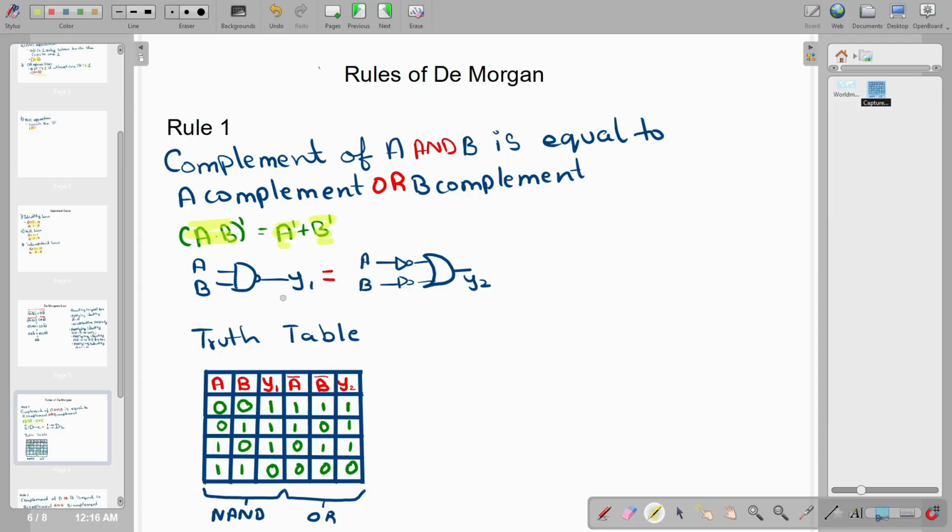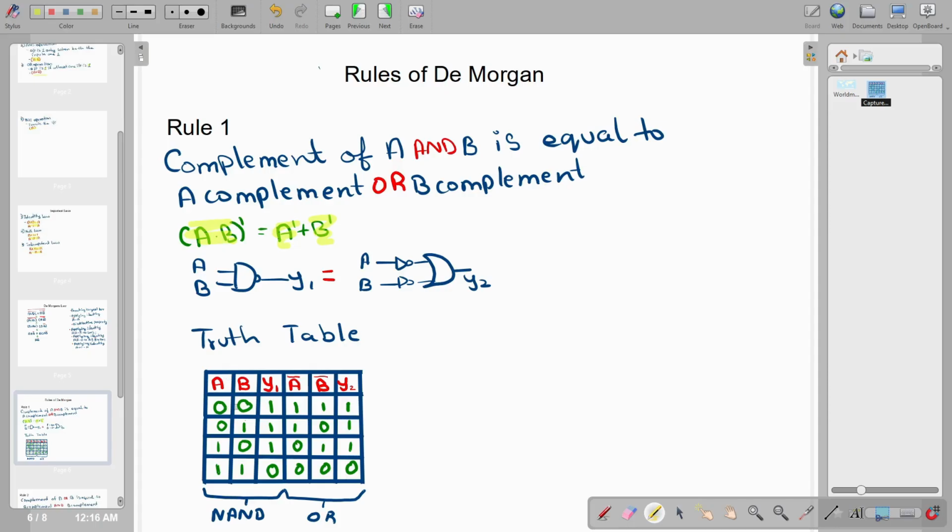You can see in the diagram where A, B is given as the input to an AND gate to give output Y, which must be equal to the inverses of A and B as inputs to an OR gate, which gives the output Y2.